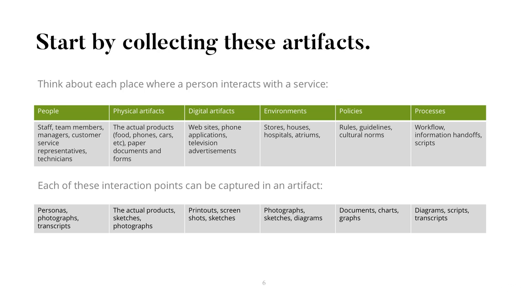The proxy for a physical artifact is going to be a sketch, and for a digital artifact will be a printout or screenshots. When we think about an environment, we might have a sketch of a top-down view of what the place actually looks like. And when we think about policies and processes, we end up with documents or graphs, charts, different artifacts that represent the actual thing that we watched.